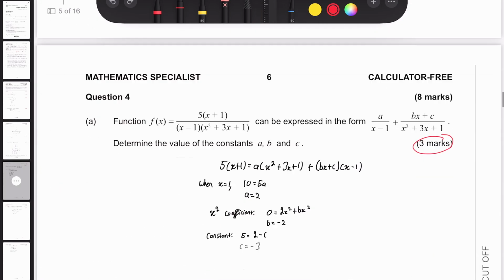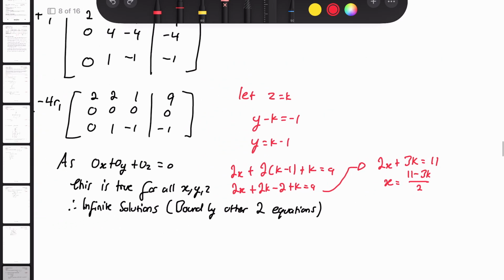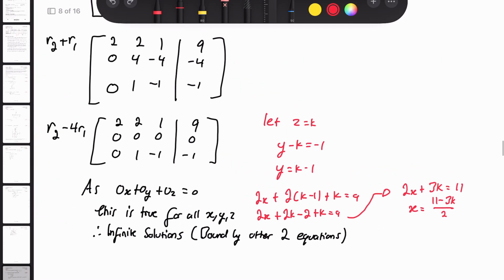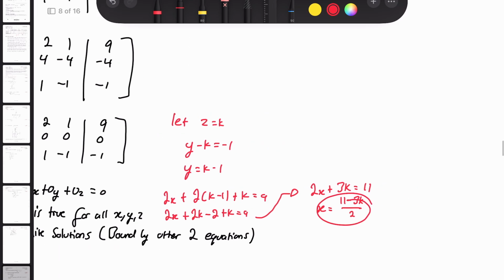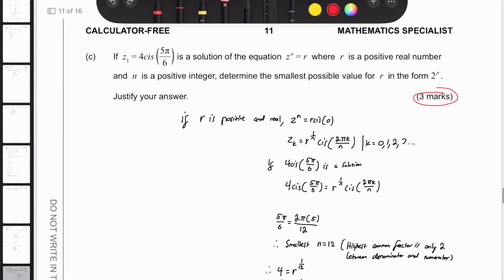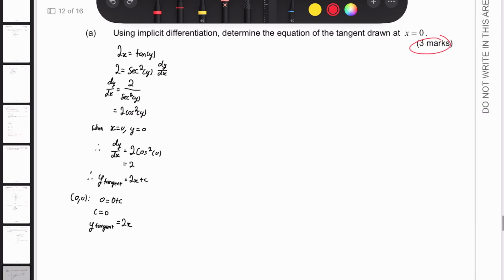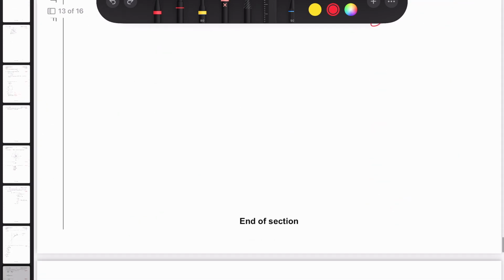I knocked off 1 mark there, and I knocked another mark off for here, because you had to solve or something like that. You had to say infinite solutions, but then you also had to give the equations for the solutions. So yeah, I lost 1 mark there. And then luckily down here, I'm actually surprised I got this correct. 2 to the power 24 was the lowest, and I'm also surprised I got this correct.